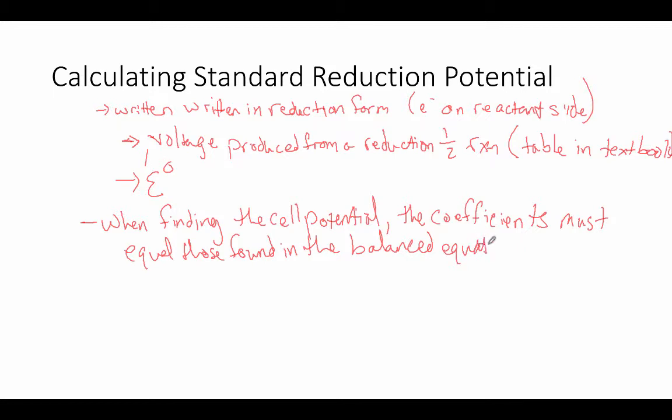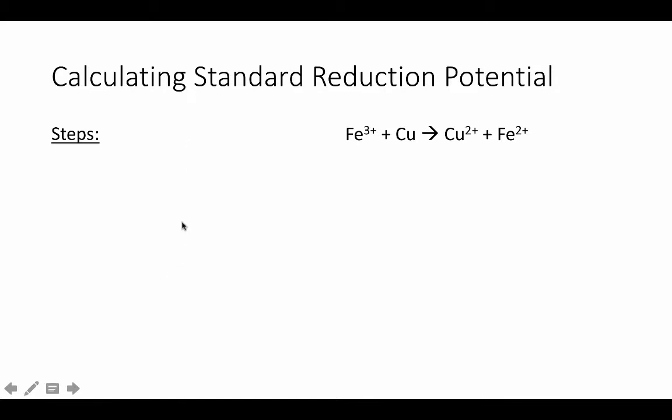That's going to be important because we're going to be doing a calculation that's very similar to Hess's law, but a little bit different. So we'll go ahead and work on one. How do you calculate the standard reduction potential for this reaction?